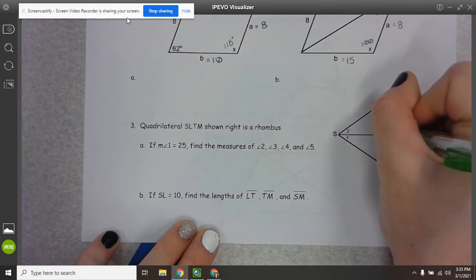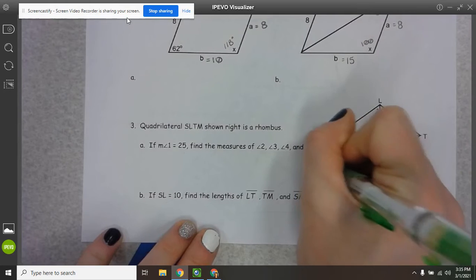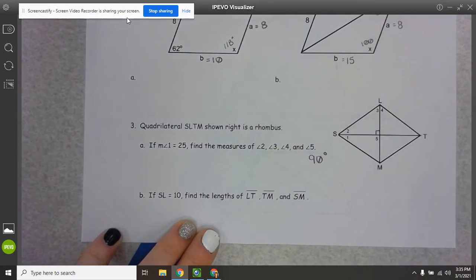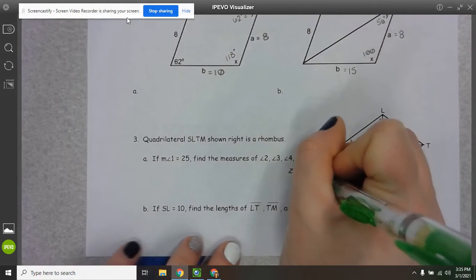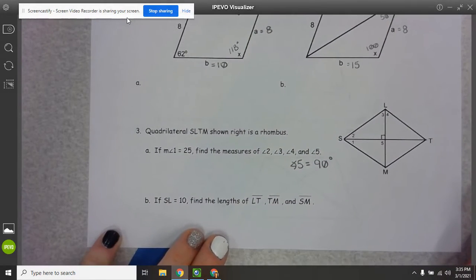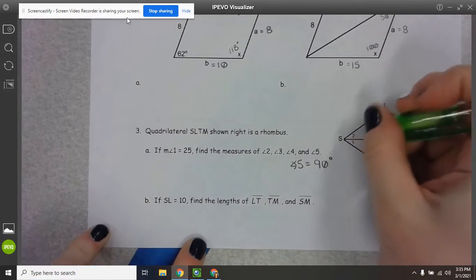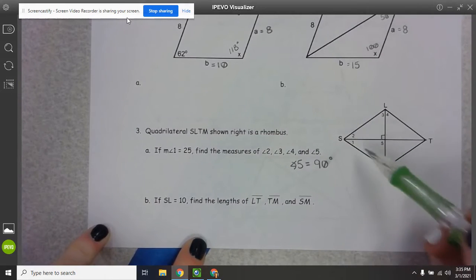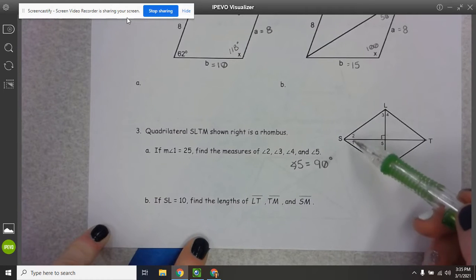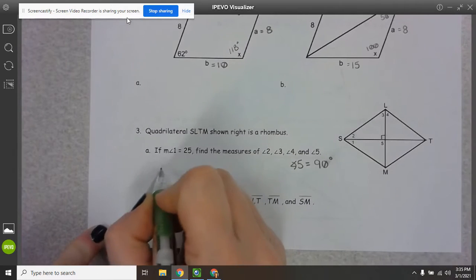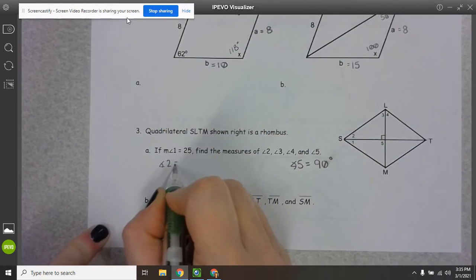So I know this is a 90-degree angle, so angle 5 is 90 degrees. Angle 1 is 25. That means angle 2 also needs to be 25 because the diagonals bisect the angles. So angle 2 is also 25.